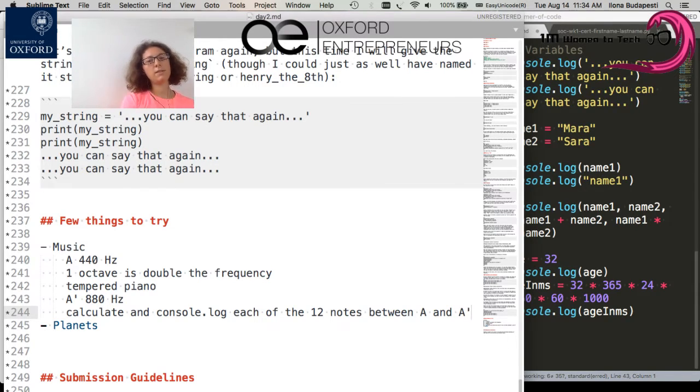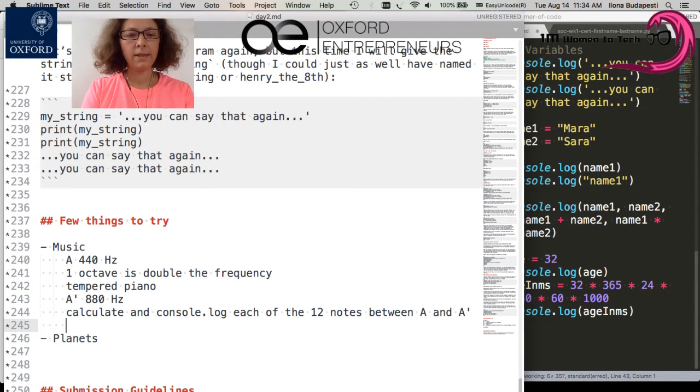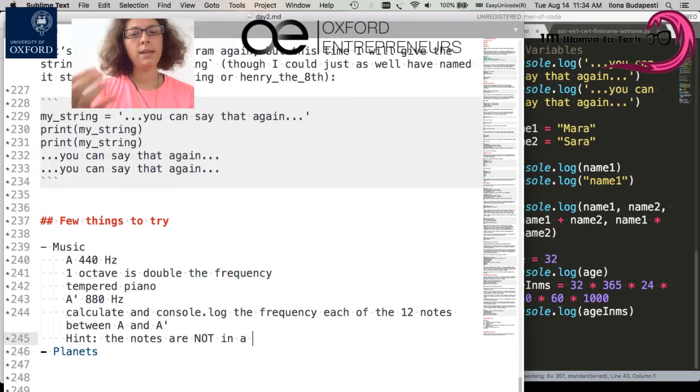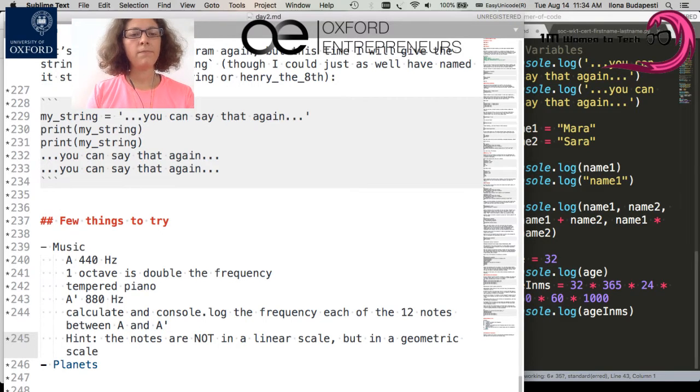You cannot just divide it by 12, because it's a geometric scale. Hint: the notes are not in a linear scale, but in a geometric scale. This is a little bit mind-bending, you can think about it.